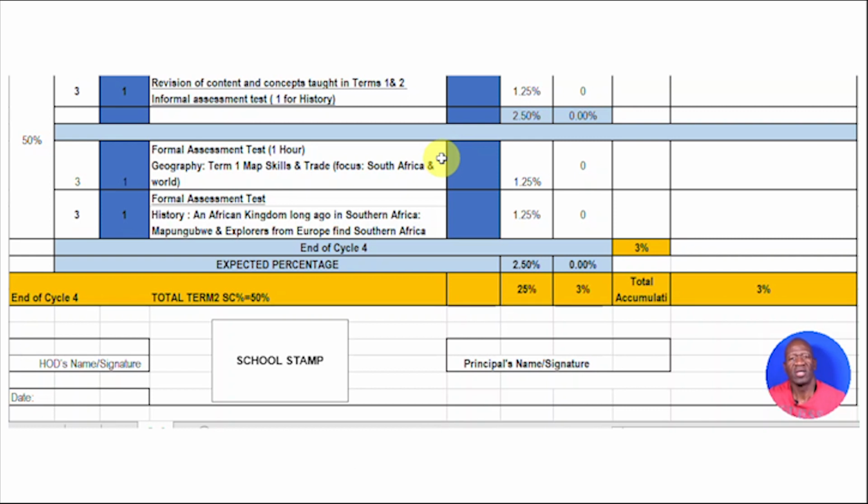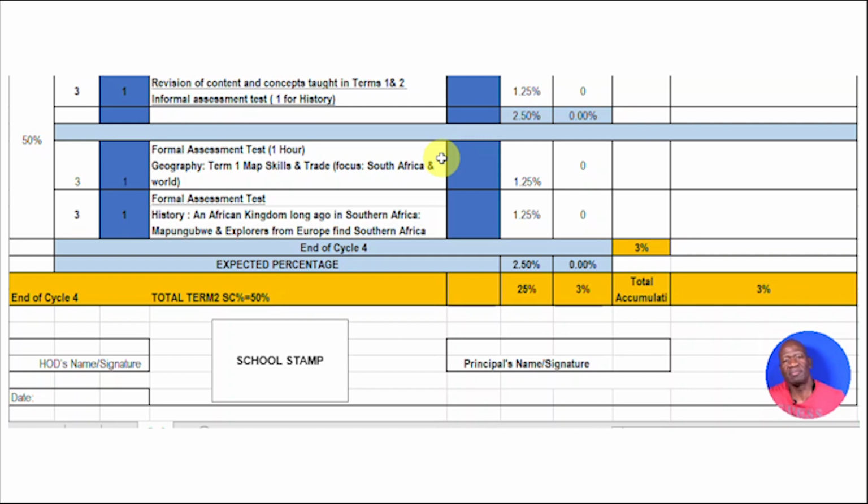Like for instance, you find that learners are taking time to understand some of the concepts, so you can't just move to the next topic ignoring the fact that learners haven't understood. So those are some of the challenges that might sometimes contribute to the teacher not being on track in terms of content coverage because of such unforeseen circumstances.